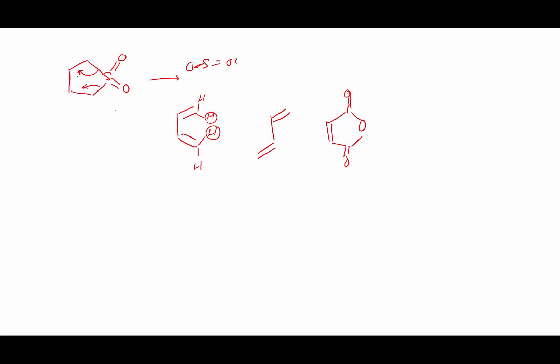We had to provide enough heat for that molecule to twist back around and form this structure, and then react with the maleic anhydride to form the final product, which had the C double bond O, the anhydride.